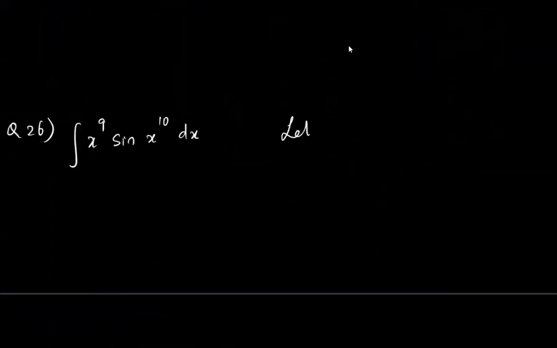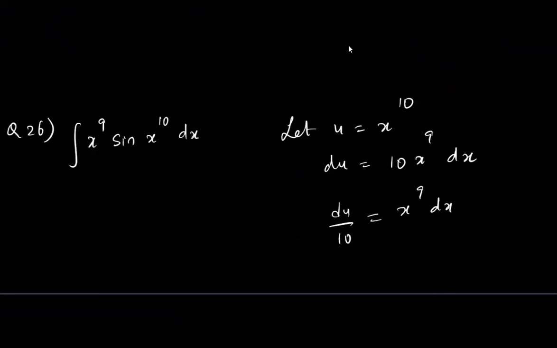Here I'm going to make my u x to the power of 10. So du will be 10x to the power of 9 dx. Okay, but I only have x to the power of 9 dx in my problem. So I have to divide both sides by 10. So when I substitute, this x to the power of 9 dx becomes du over 10, right? So that 1 over 10 goes outside.